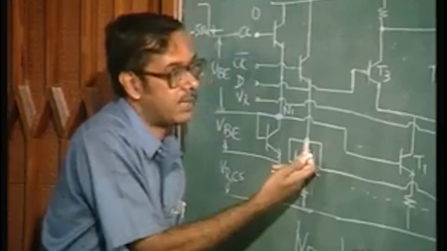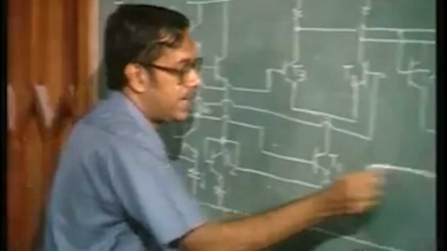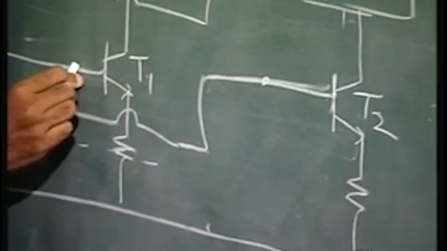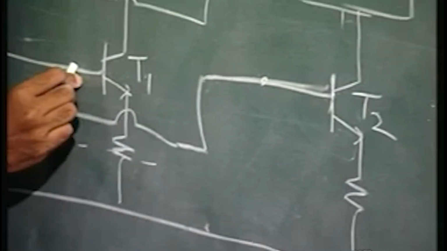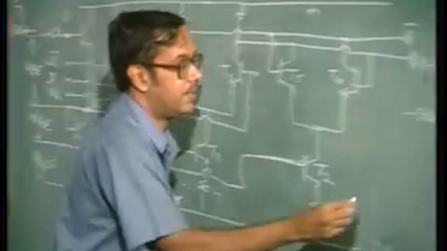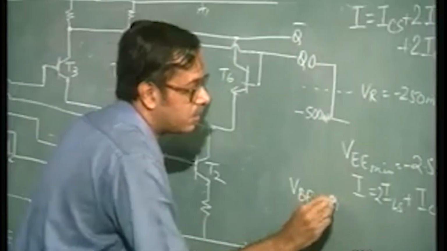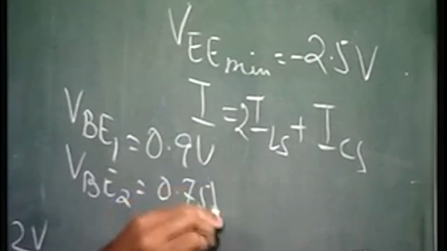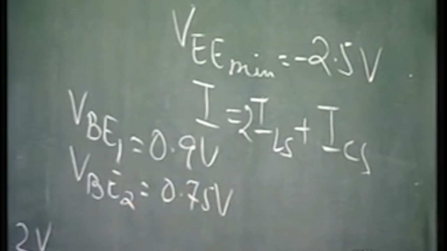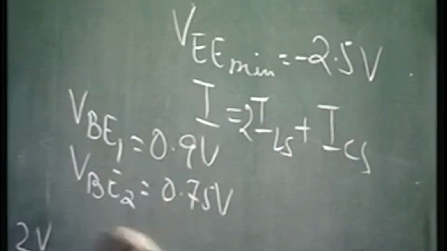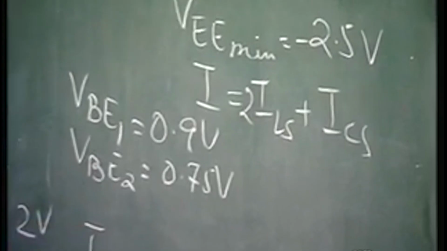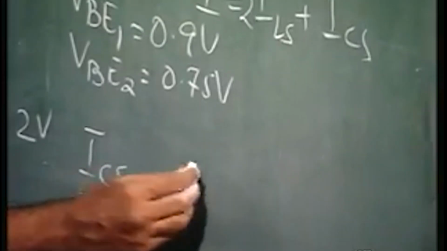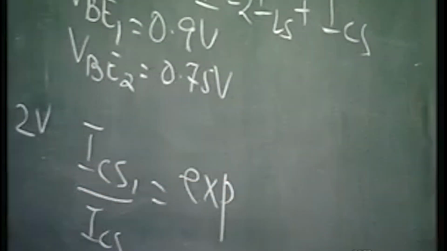So, if we say that at the base of T2 you have 0.75 volts and at the base of T1 you have 0.9 volts, so VBE1 is equal to 0.9 volts and VBE2 is 0.75 volts, then you can say that the two currents, ICS1 by ICS2, that is the two current source values, is equal to exponential, because it is dependent on exponential VBE.